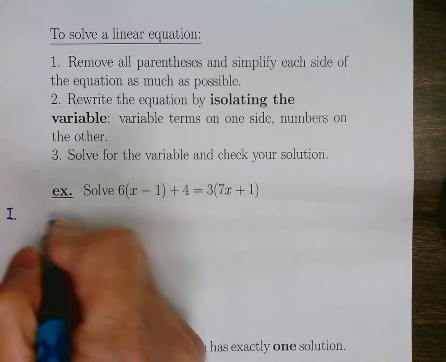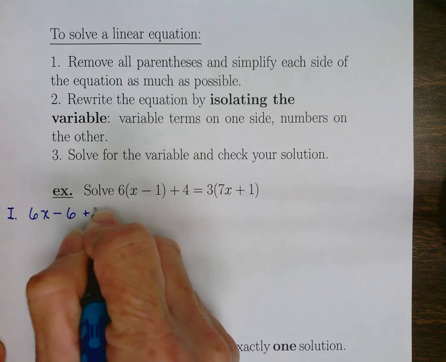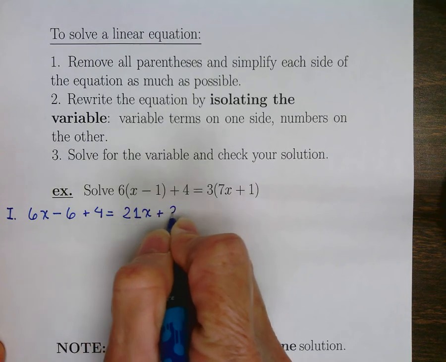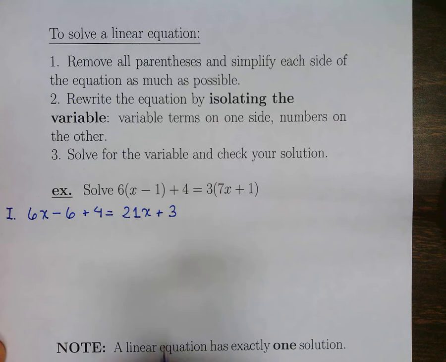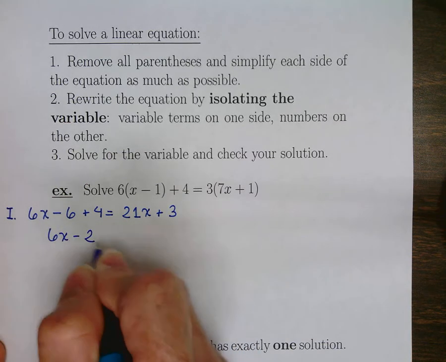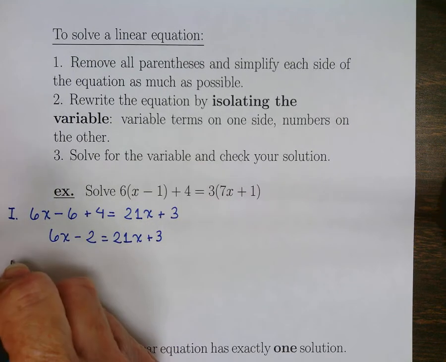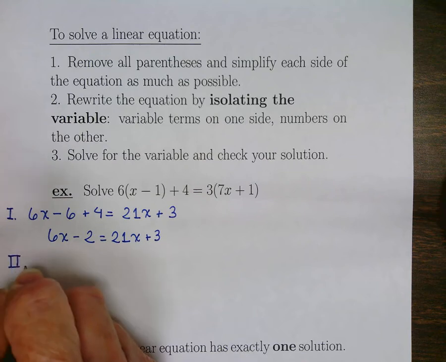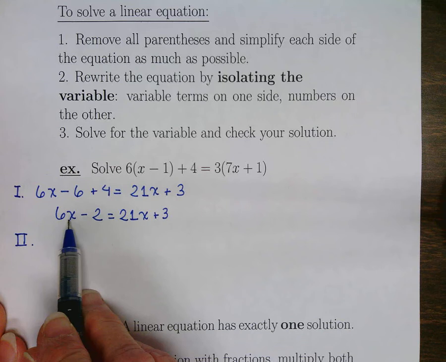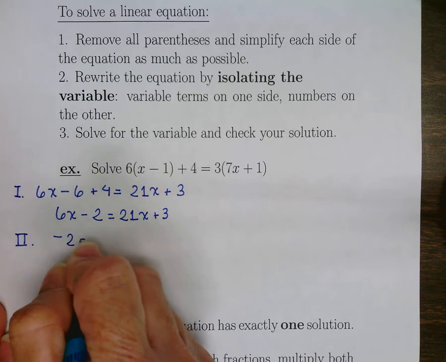Okay, so let's do this on this first example. Step 1, we simply multiply. And we get 21x plus 3. And then we combine those. We'll get 6x minus 2 equals 21x plus 3. And then step 2 is to isolate the variable. Now, my personal preference is to keep the variable positive, so I'm going to subtract 6x from both sides.